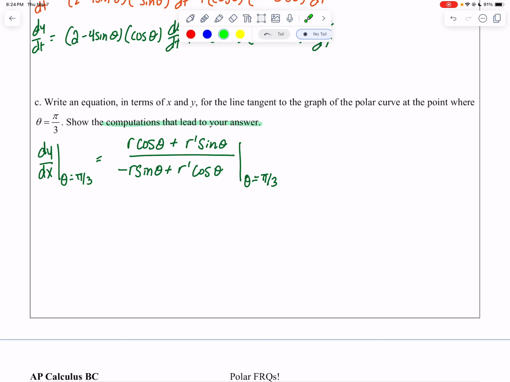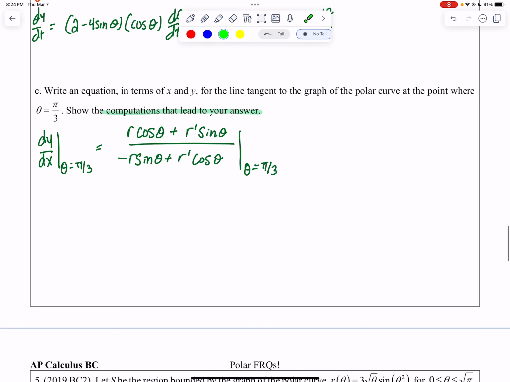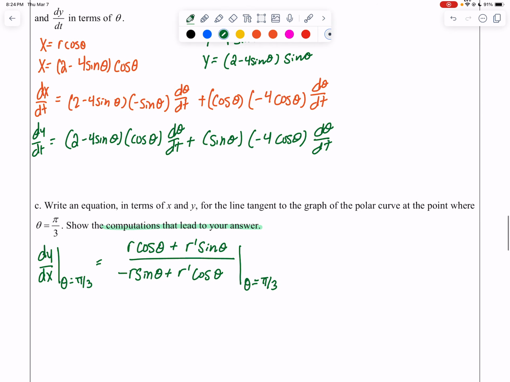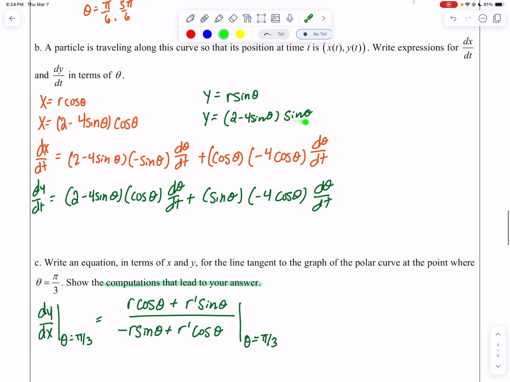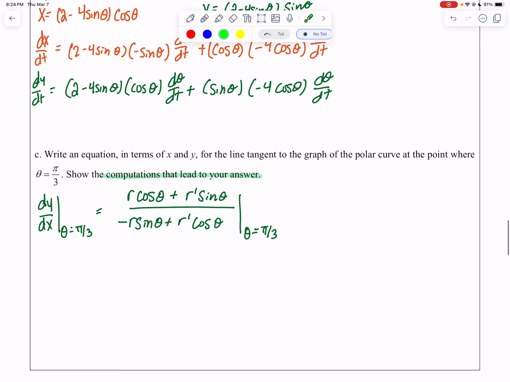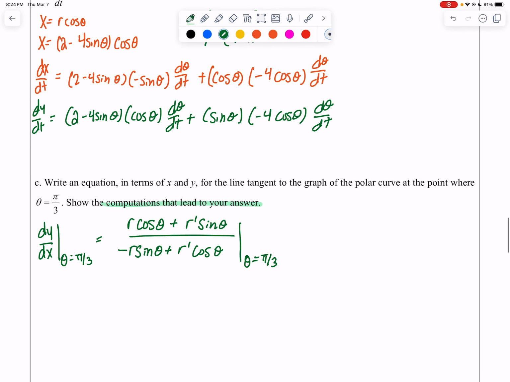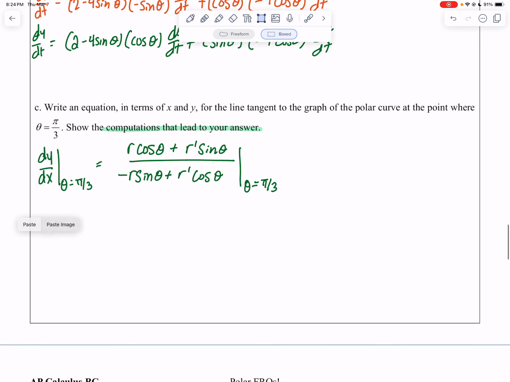Once I'm done with that, I need to figure out what x and y is at pi over 3. To do that, I have x right here already, and I have y right here already. So what I'm going to do here is just paste that down here, and then take that derivative at pi over 3.